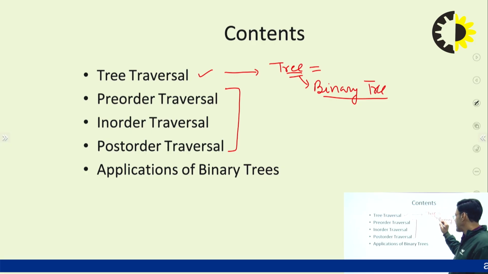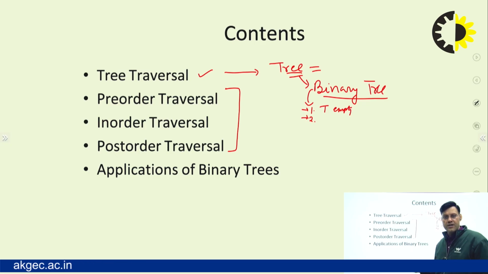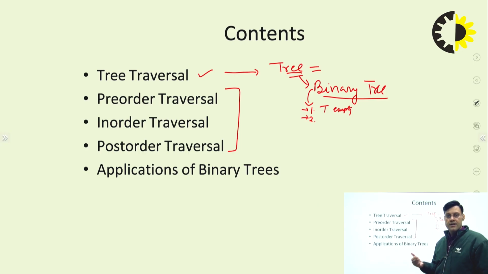Binary tree is defined with two things that we have to keep in mind. Binary tree is defined as a tree such that the tree is either empty. For example, we have just initialized the pointer and no element is inserted; now we are going to insert the element. So the pointer is ready, and the tree is empty, number one.